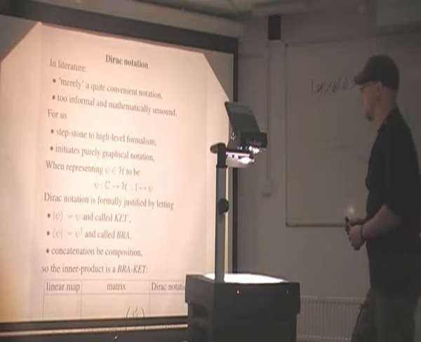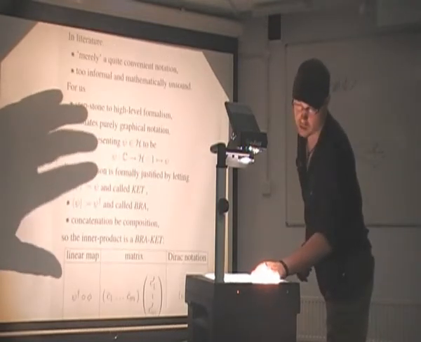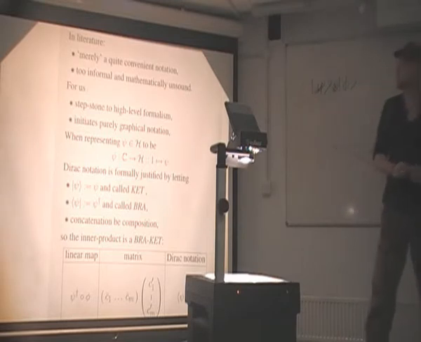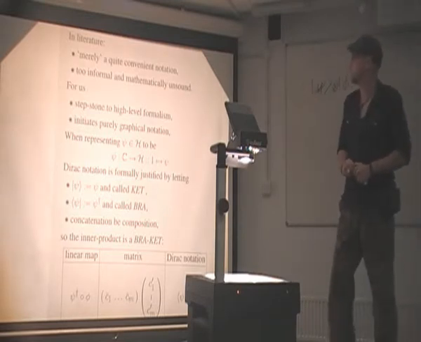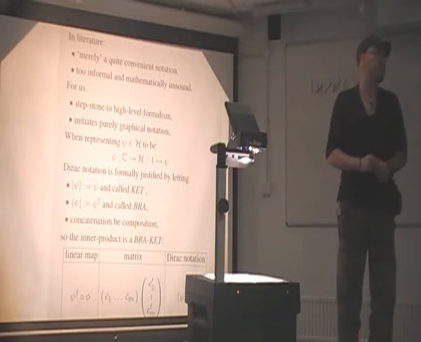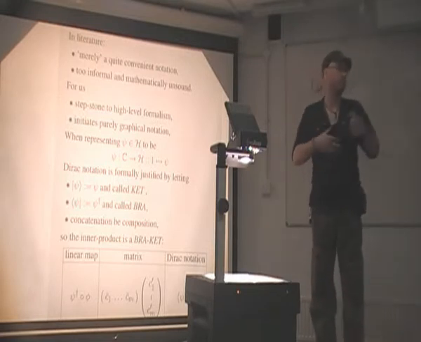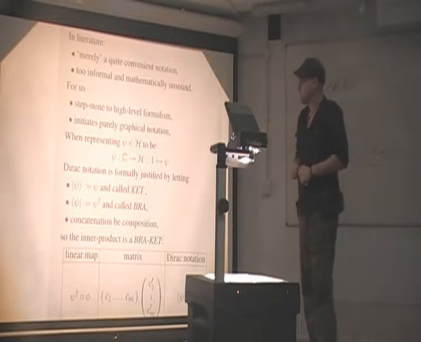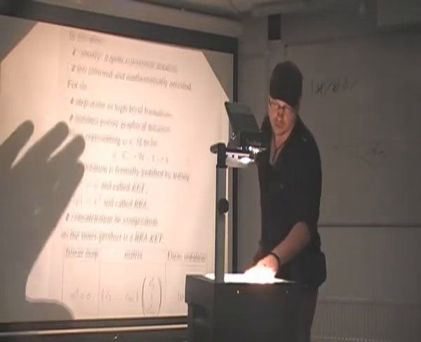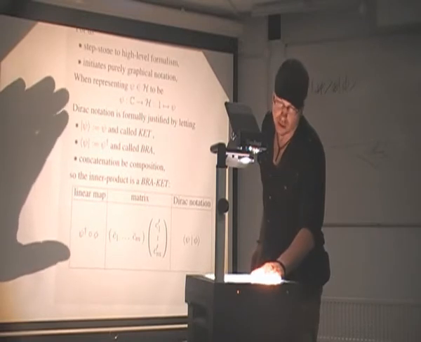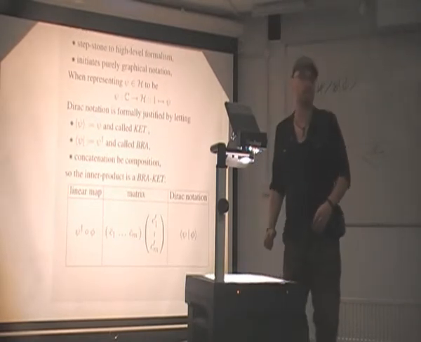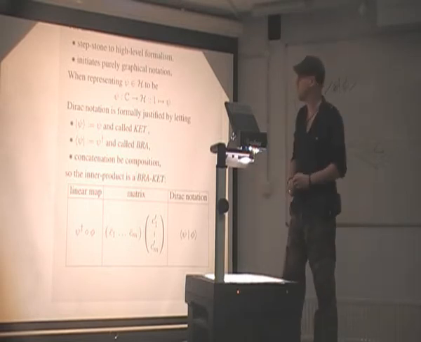Let you know about this thing called Dirac notation. For a long time, Dirac notation was conceived as merely a convenient notation, and sort of even mathematically unsound. I'm not going to discuss it, but there are some problems with Dirac notation in a lot of textbooks. Now, actually, if you like category theory, it's a nice thing because it brings you closer to category theory than the usual mathematical formalism does.